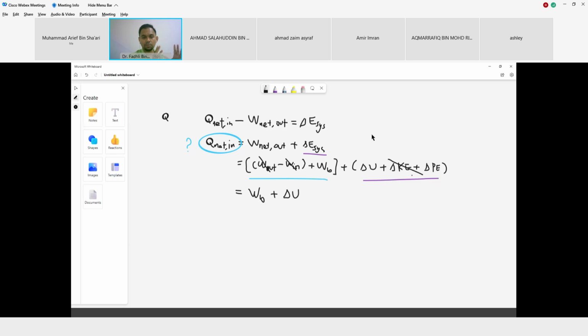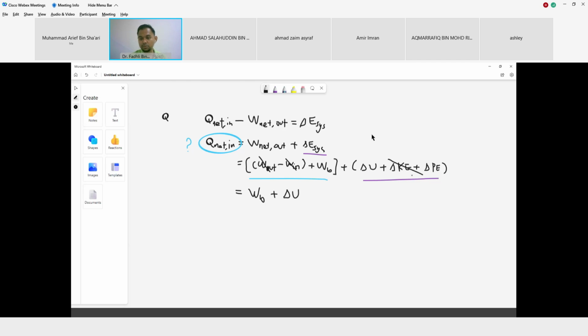Piston tu bergerak atas ke bawah, tapi piston silinder tersebut tidak bergerak ke mana-mana. That's why they don't have any kinetic energy. So we can cancel.